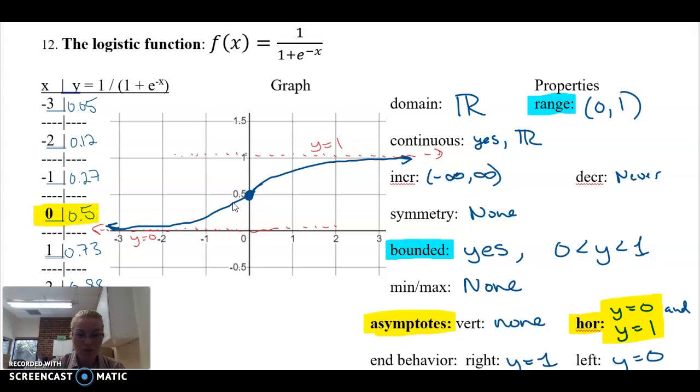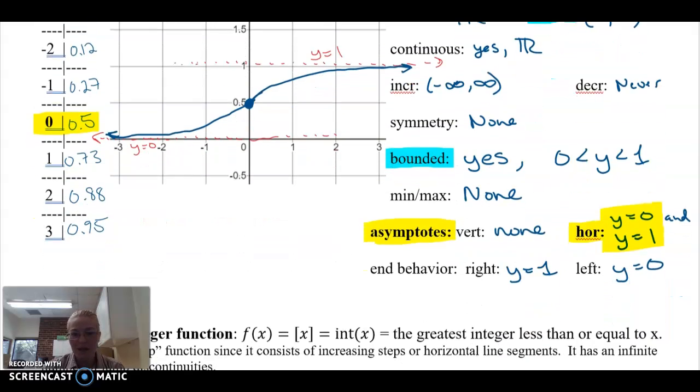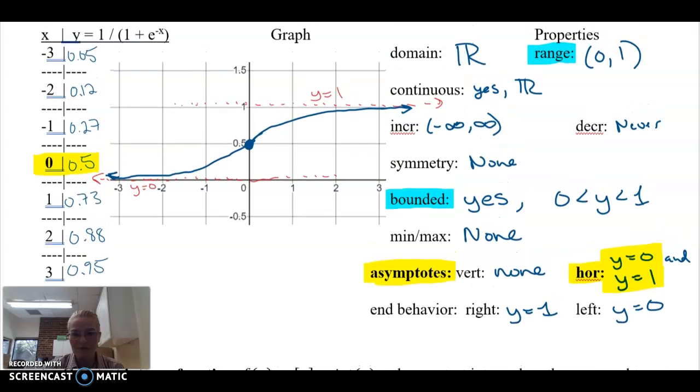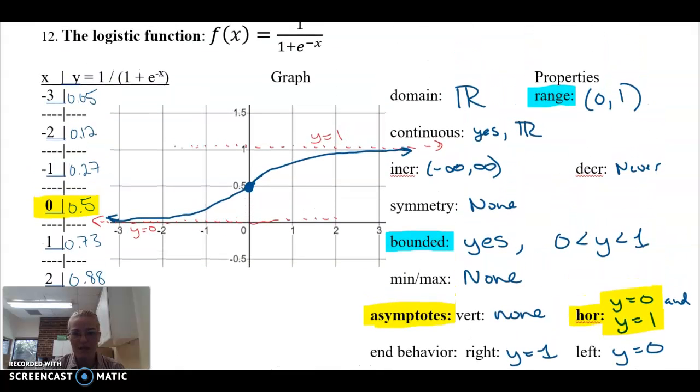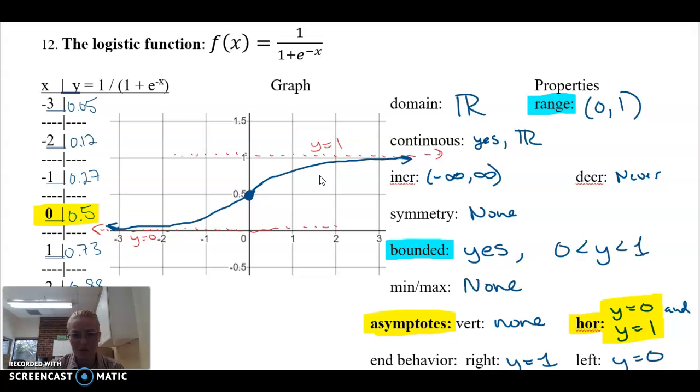And truth be told, if you can plot that point (0, 1/2), and then you can think about what is happening in the end behavior and recognize that there is a horizontal asymptote up here at y equals 1 and a horizontal asymptote down here at y equals 0. Those three things are enough to sketch yourself a pretty accurate logistic function.